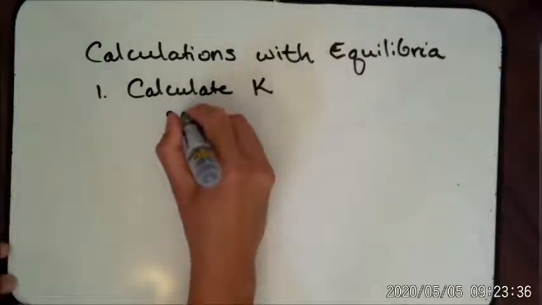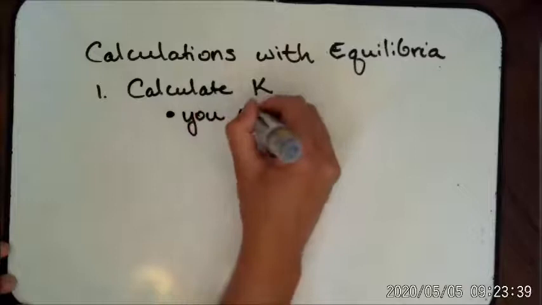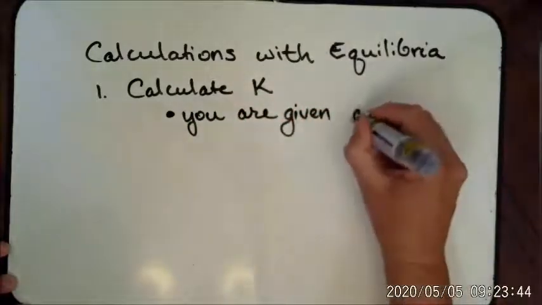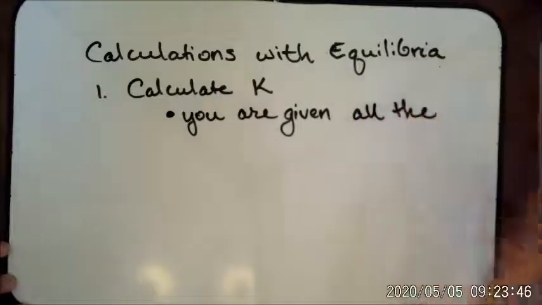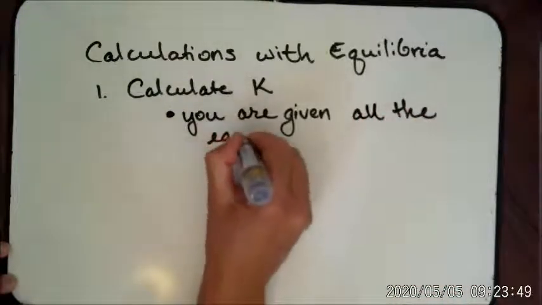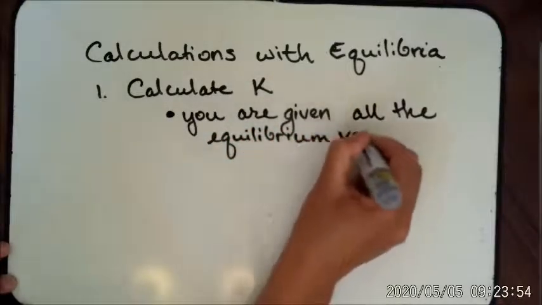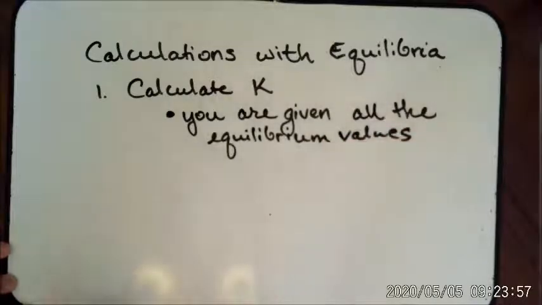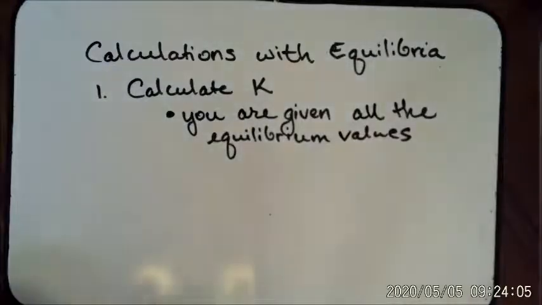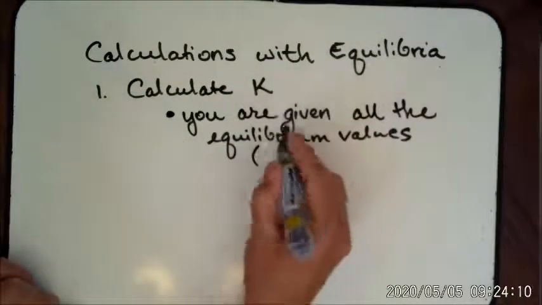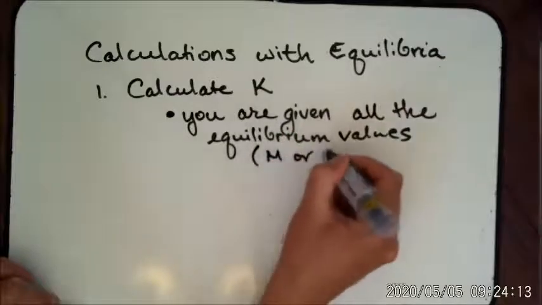You are given all the equilibrium values. And they can come in various forms. So if you're given moles and volume, then you're going to have to get your concentration. So be sure that before you calculate K, all these values are either in concentration or partial pressure.